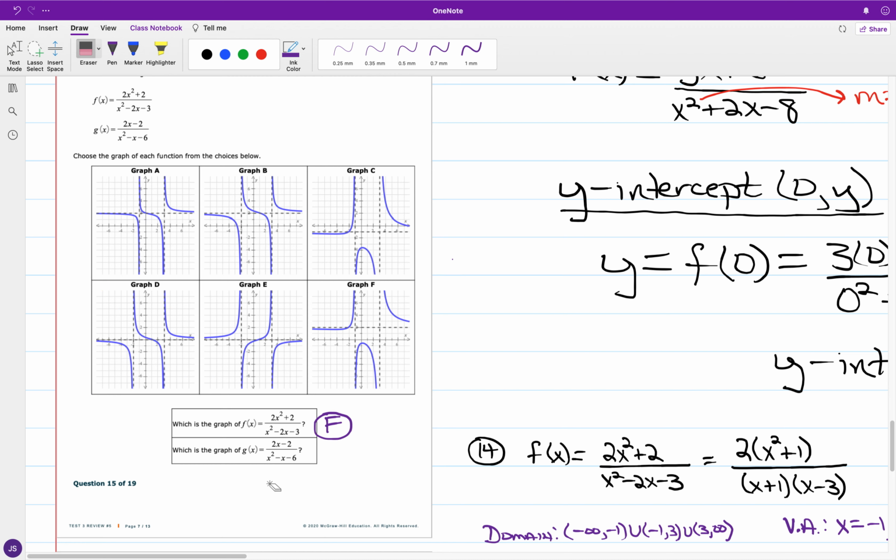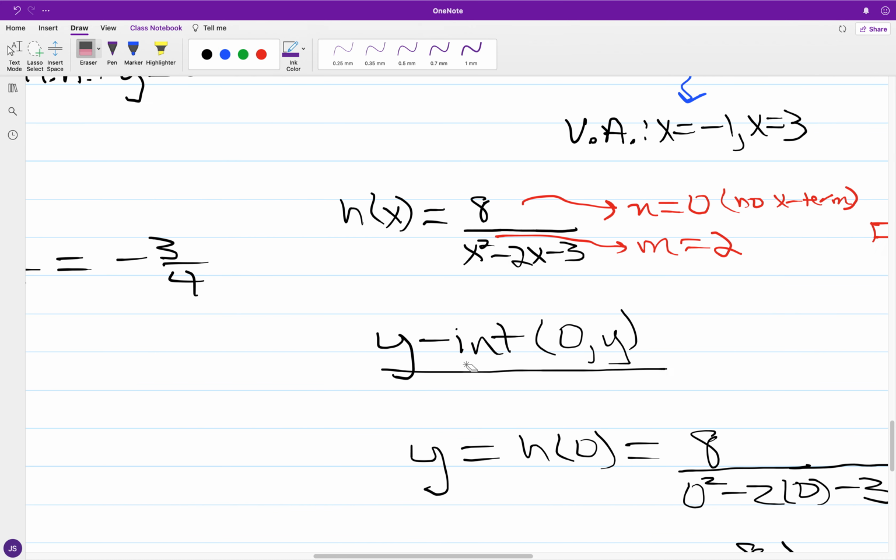Now for g of x, you have 2x minus 2 all over x squared minus x minus 6.